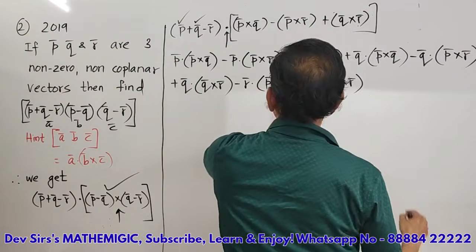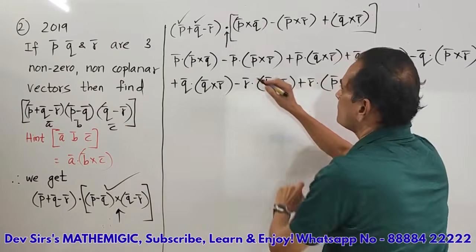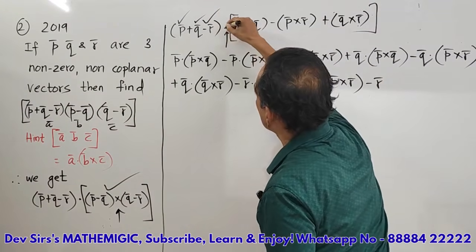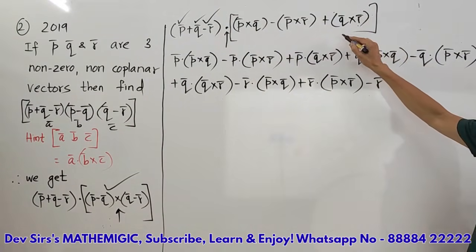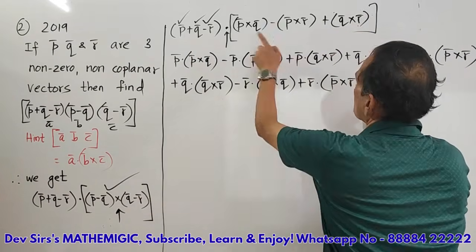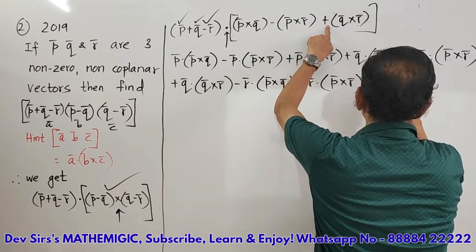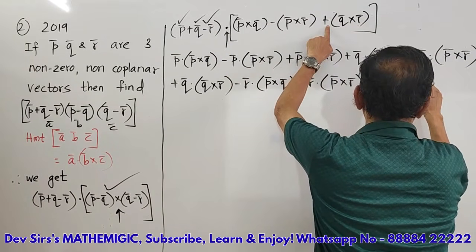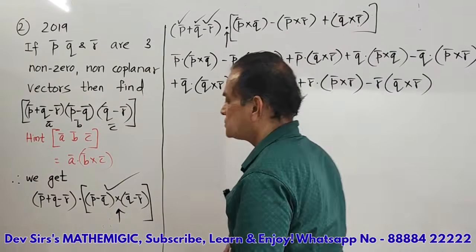Minus into plus is minus. यहाँ पे R dot last bracket. R dot minus into plus is minus. Major work खत्म हो गया.